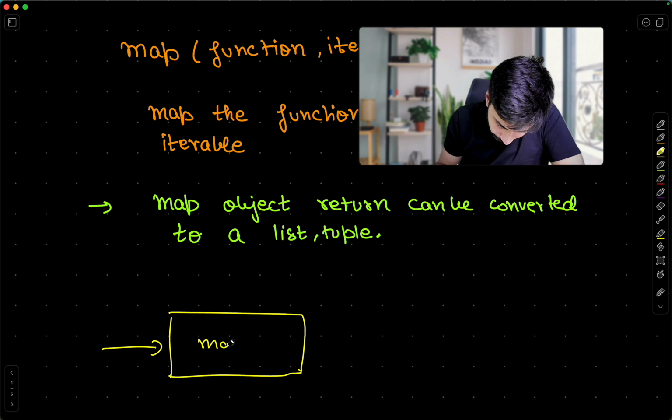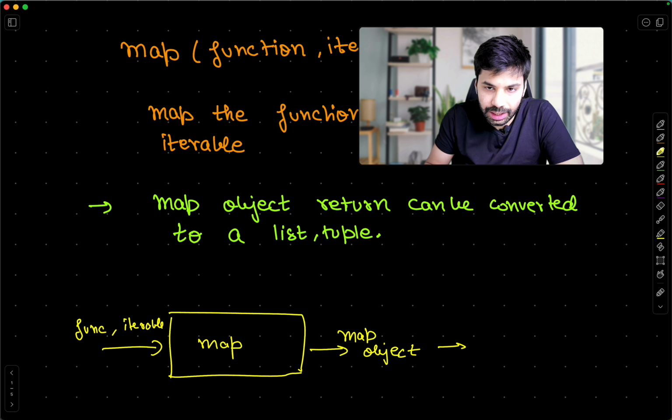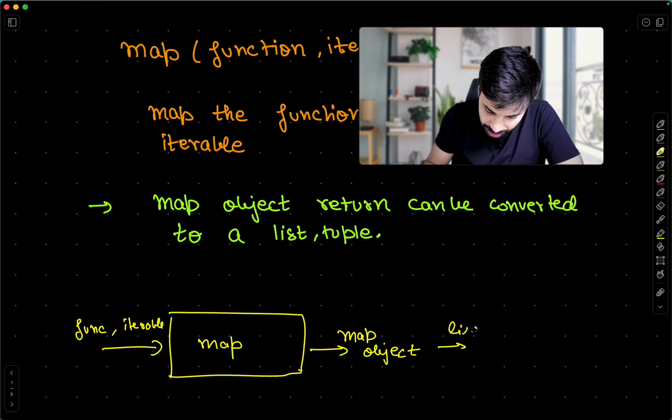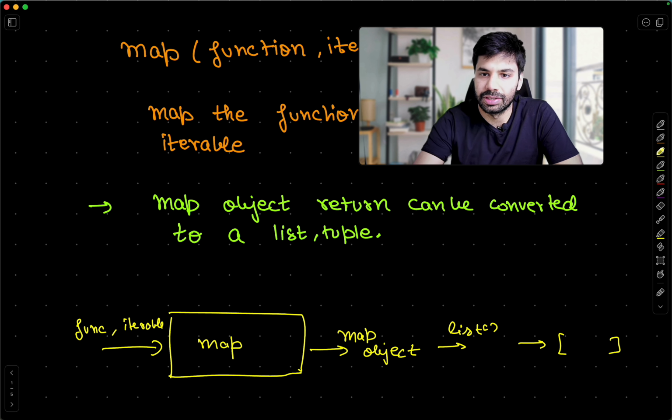You provide it a function and an iterable. This is going to give you back a map object, right? If we apply list, tuple or something like that, we can see the result. Let's say we apply list, we will get the result as a list. So it's that easy.